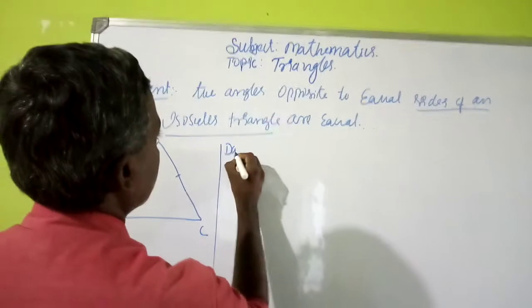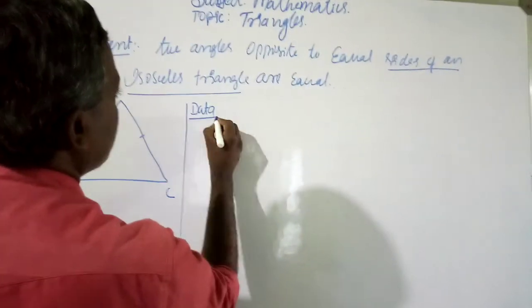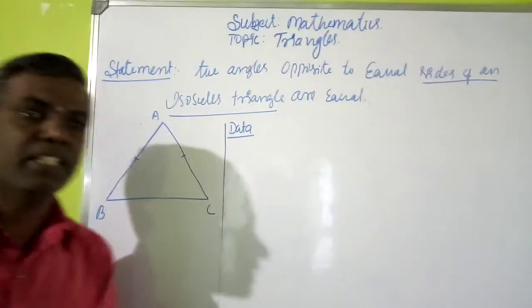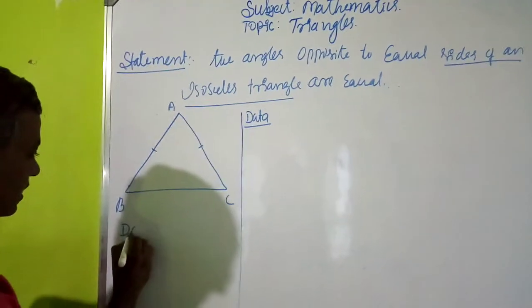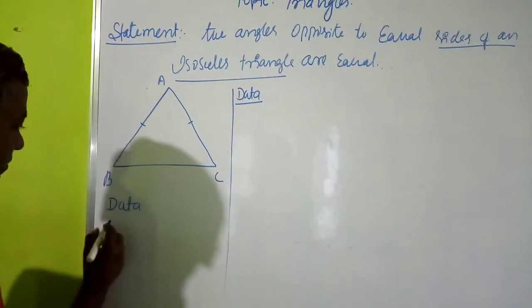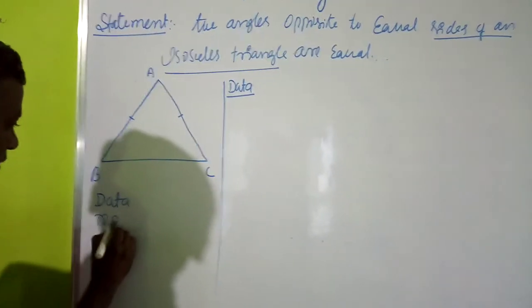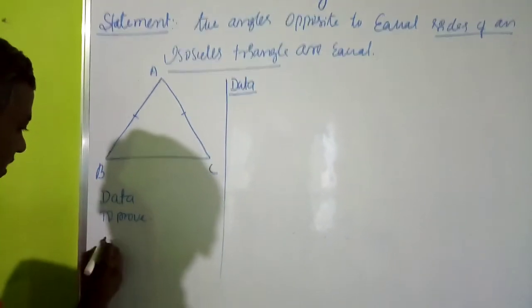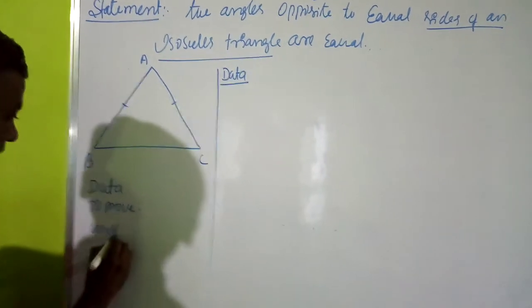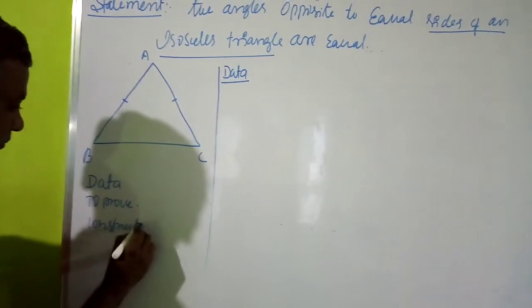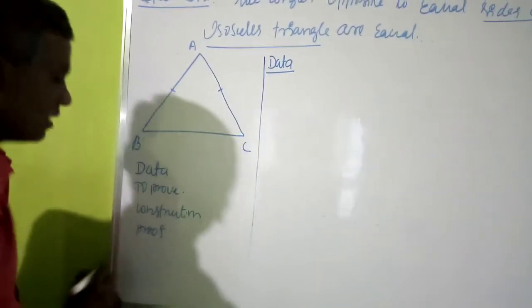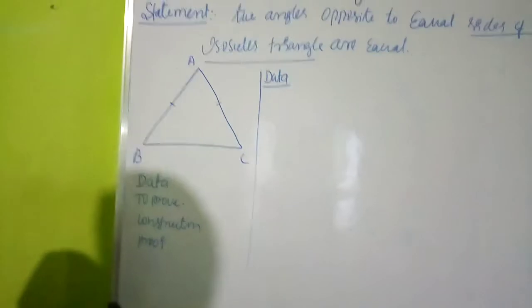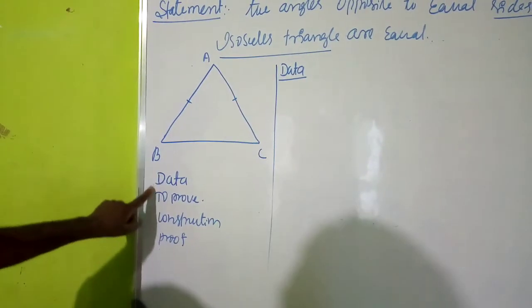If you want to prove any theorem, it always contains four steps: data, the first step, then to prove, next construction, and proof. Okay students, to prove any theorem it should contain these four steps.